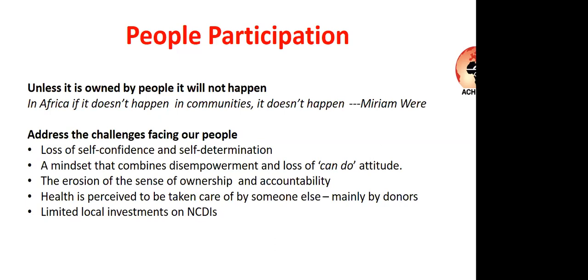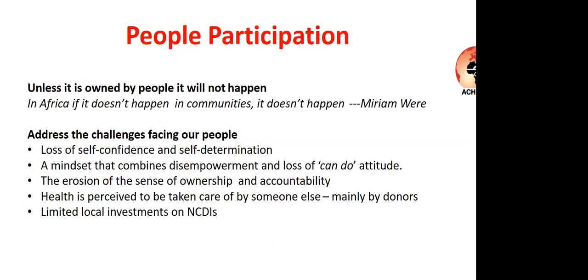And again, as I said, the president was very tough on how Africans do business. There are some challenges as a people that we need to face. If you go to communities in the rural areas, you get a feeling that there's a loss of self-confidence and self-determination. There's a mindset that combines disempowerment and loss of the I-can-do-it attitude.